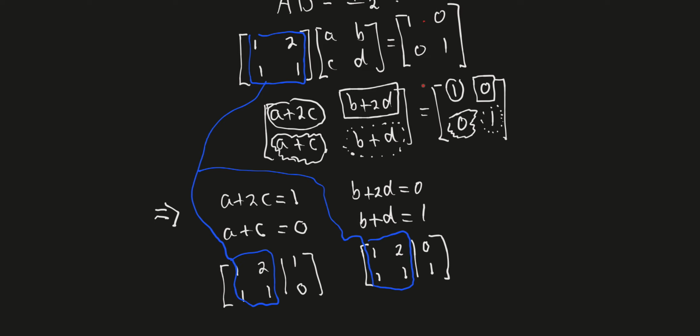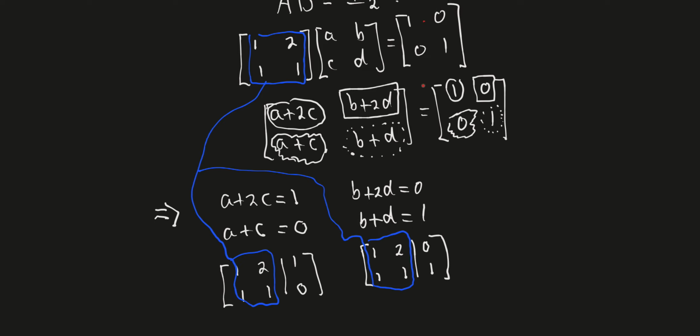So what this tells me now is, let me kind of split this back to where we started. Actually, I'm not even going to split it, but look at where we started. For the column that started with the 1, 0, that would be us solving for A and C. So those values would be right here.